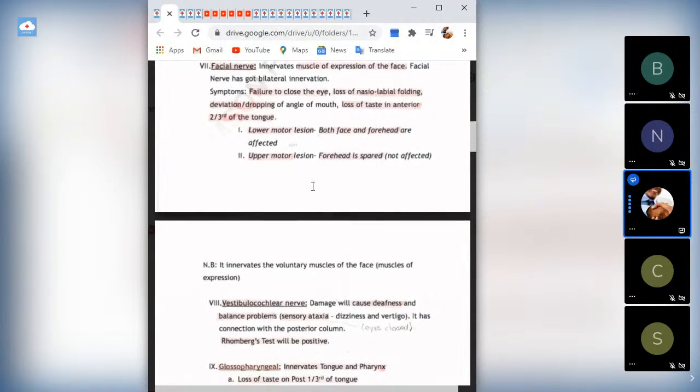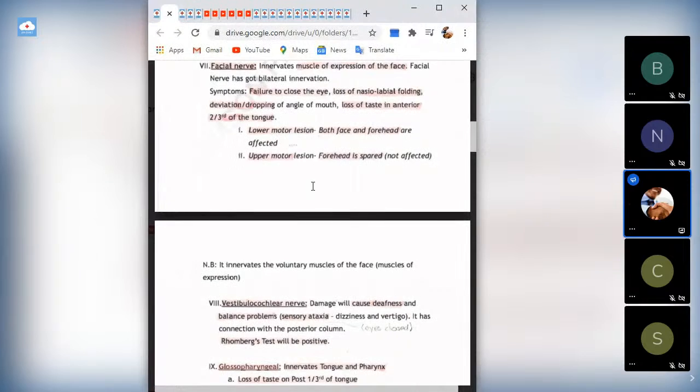But lower motor neuron, okay, there's this phenomenon known as the Bell's palsy. Okay, so that Bell's palsy is actually the cause of that lower motor neuron type. It's kind of an idiopathic facial nerve palsy. Idiopathic, you don't know the cause, but sudden onset facial nerve palsy.